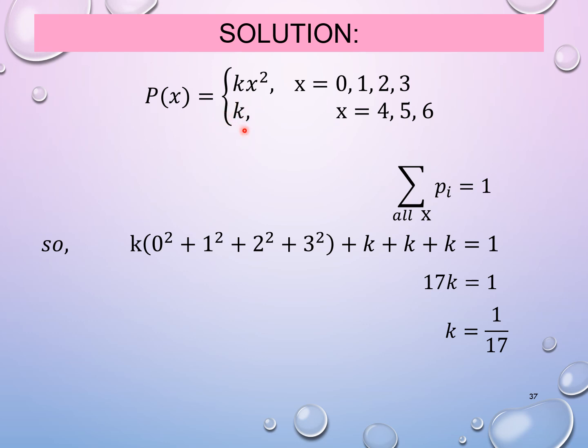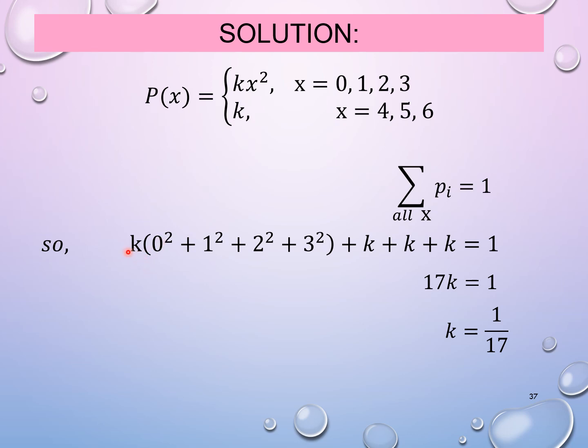With the unknown k, we still don't know the value of k, but we know that for a discrete random variable, the summation of all the probabilities must be equal to 1. So let's sum up each of these probabilities. We start with k.